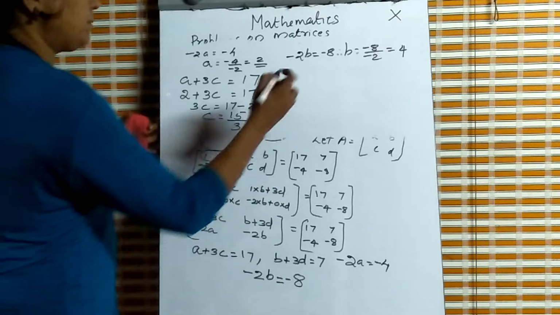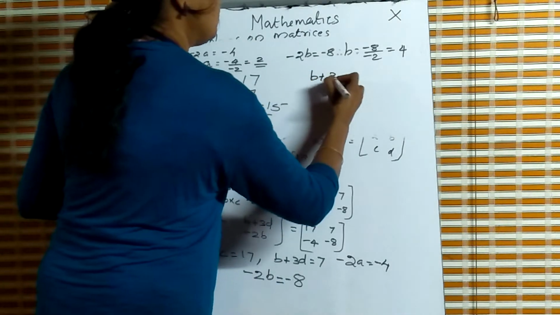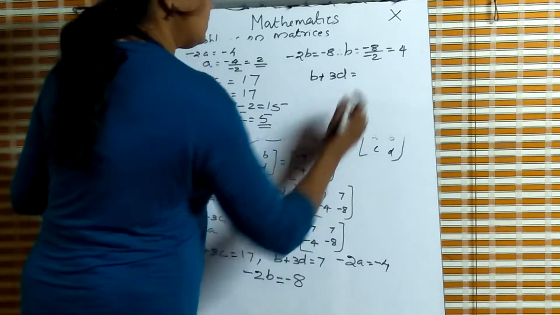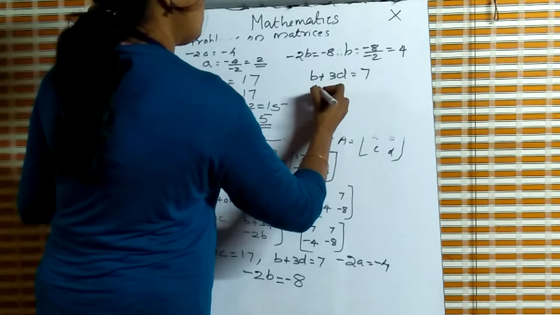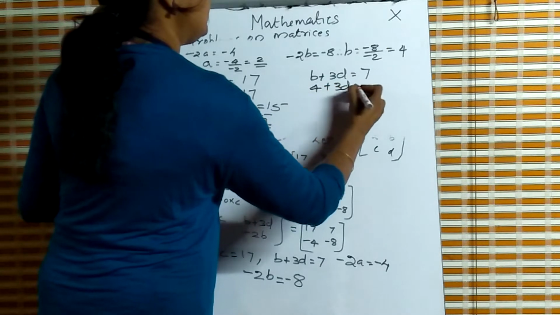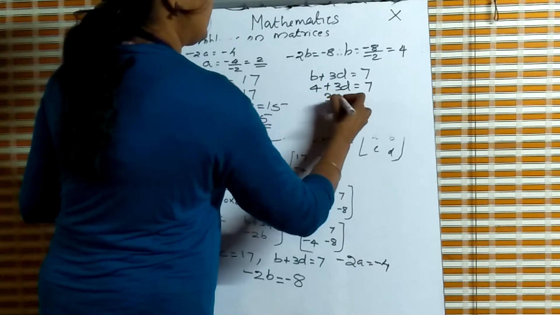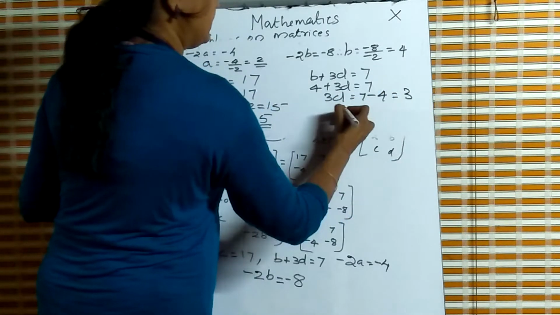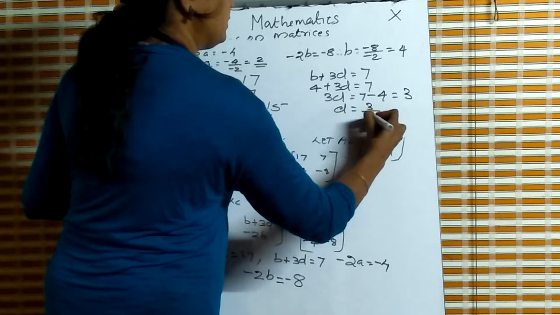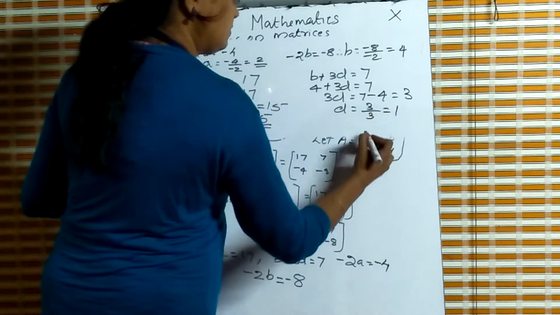Then b plus 3d is equal to 7. What is b? b equals 4, so 4 plus 3d is equal to 7. 3d equals 7 minus 4, which is 3. Therefore, d is equal to 3 by 3 equals 1.